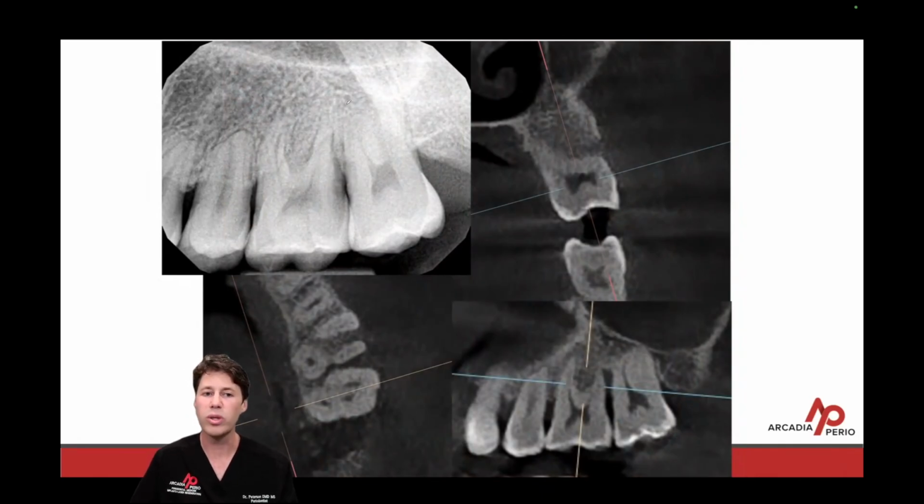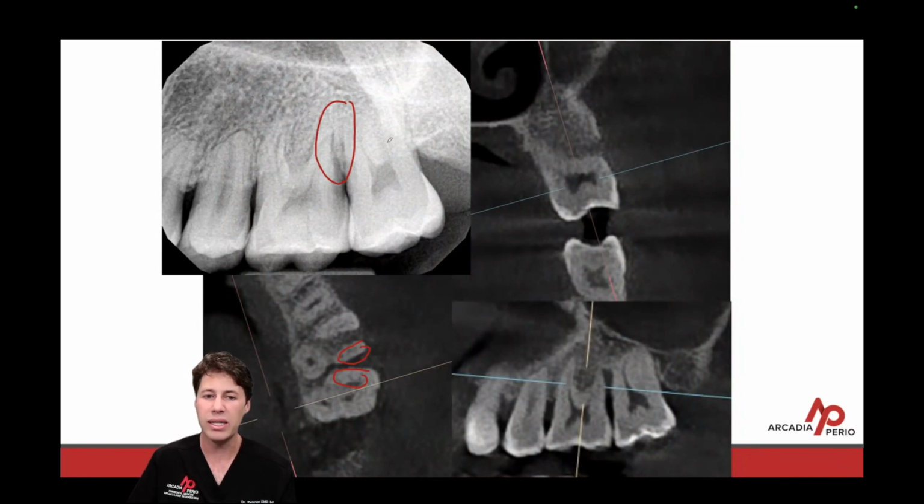There's still a root proximity issue right here. Look at how close the root proximity is, that mesial buccal aspect of number 15 to the distal buccal aspect of tooth number 14. So what's next? Orthodontic consultation.